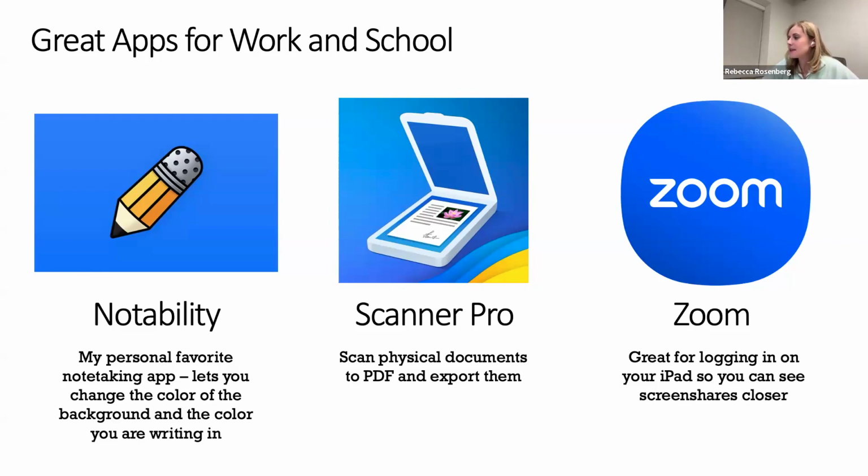Scanner Pro basically takes a picture of what would otherwise be a physical document, like a piece of paper with writing on it. And instead of it being just a picture, it will use some artificial intelligence to identify what that page is, and it will scan it to be a PDF.